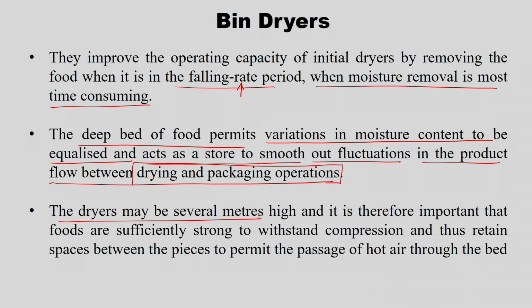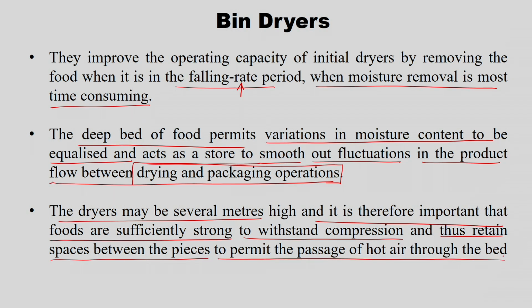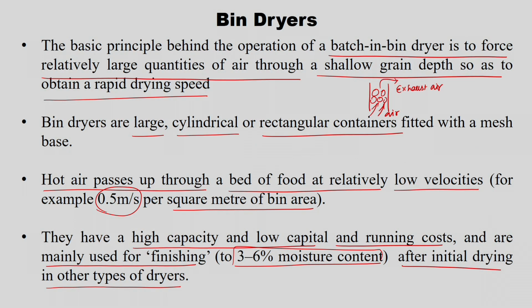The dryers may be several meters high, and it is therefore important that the food is sufficiently strong to withstand the compression and thus retain spaces between the pieces to permit the passage of hot air through the bed. This can also be used as an intermediate storage, which will be a large storage area, right. So the height of the bin dryers is very high, and the food materials are stored in high quantities.